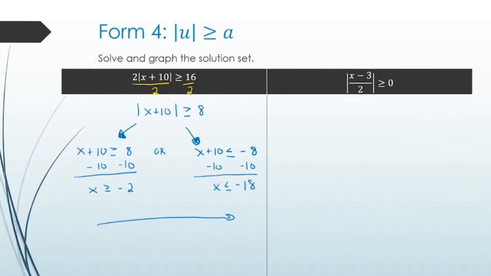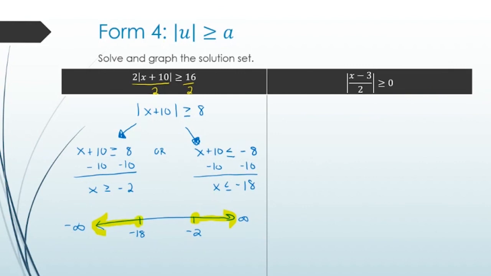So now if I look at this on my number line, I have negative 18 and negative 2. I'm going to label my infinities. So x is greater than or equal to negative 2, so that's to the right and includes negative 2. x is less than or equal to negative 18, so less than is to the left of negative 18 and includes negative 18.